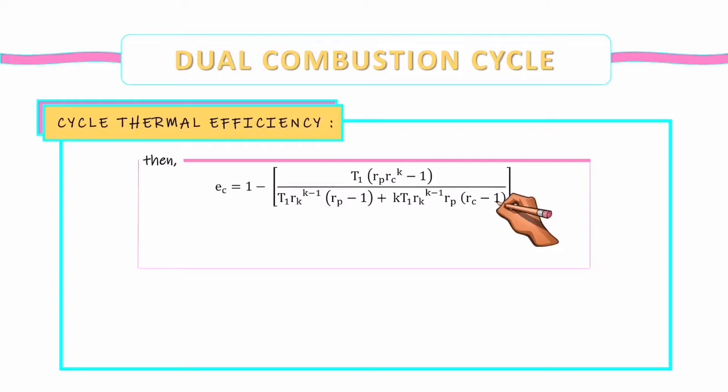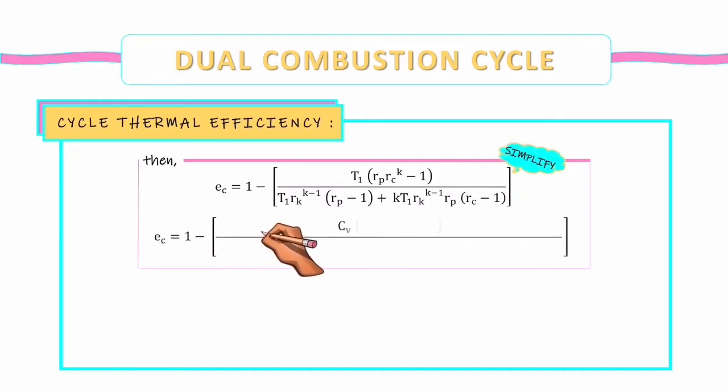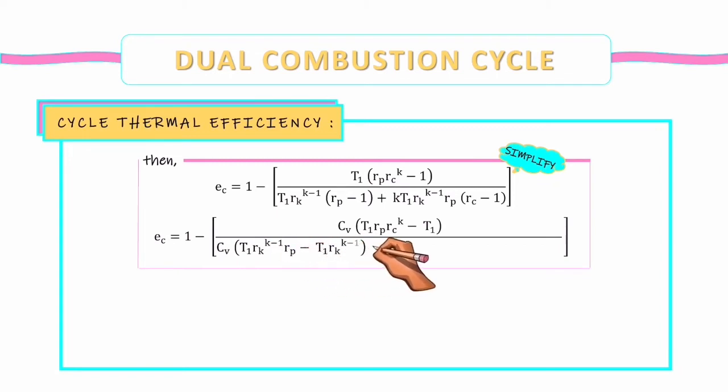Cross out similar terms and simplify, and it will become Ec is equals to 1 minus quantity of Cv multiplied by T1 Rp Rc raised to k minus T1 over Cv multiplied by T1 Rk raised to k minus 1 Rp minus T1 Rk raised to k minus 1 plus kCv multiplied by T1 Rk raised to k minus 1 Rp Rc minus T1 Rk raised to k minus 1 Rp.